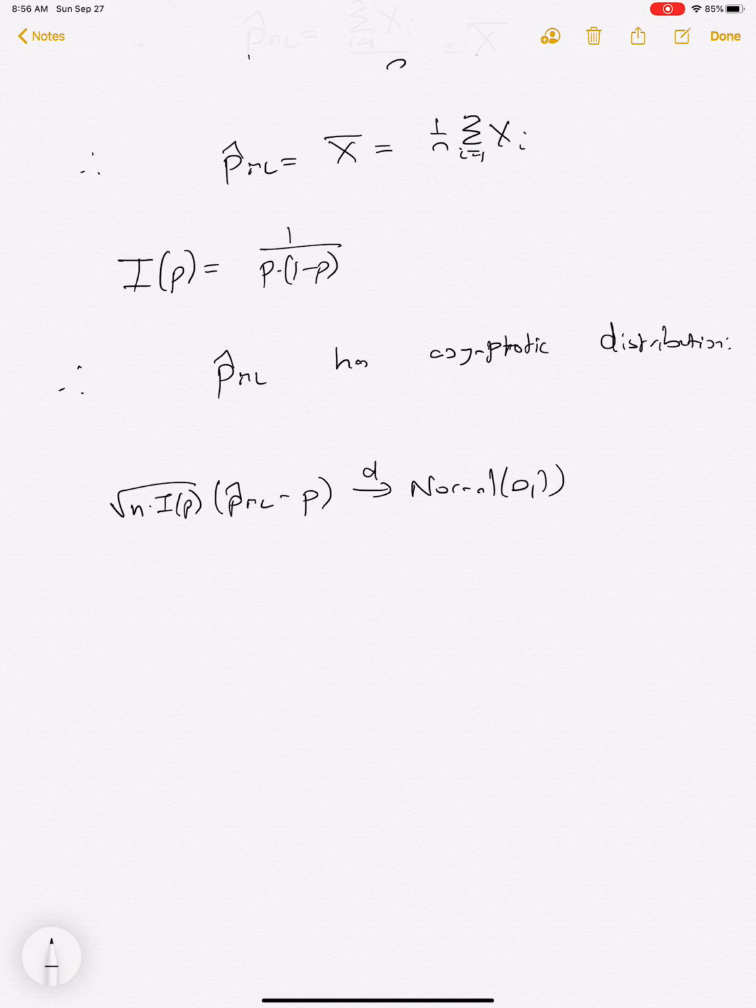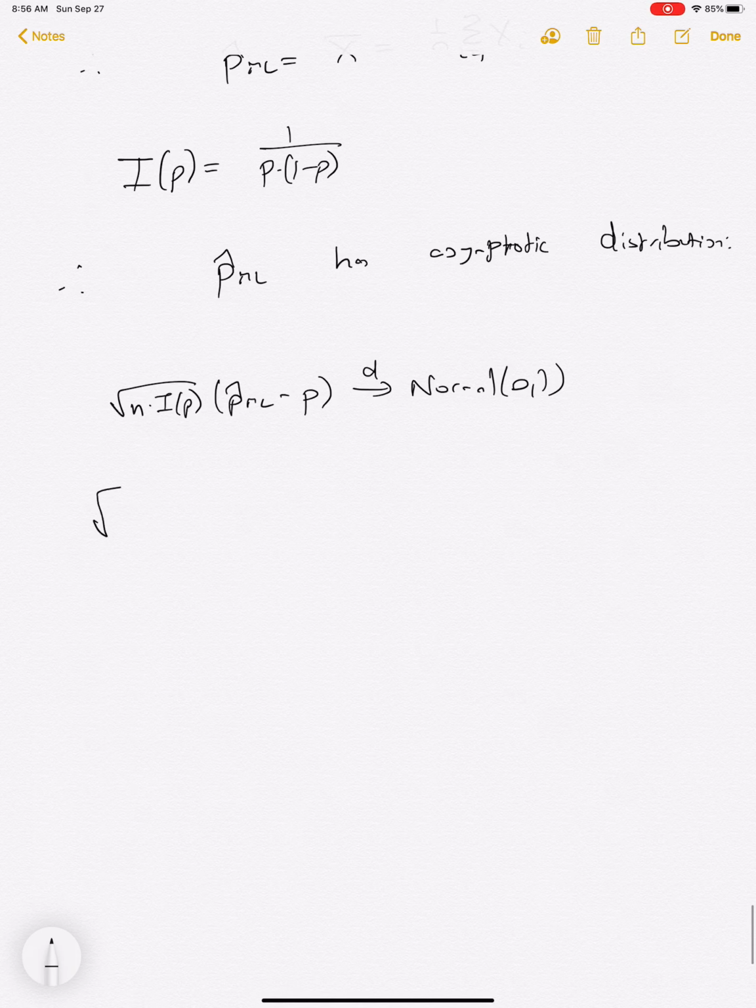So we can plug all of that in and we'll get square root of n over square root of p times (1 minus p), times (x bar minus p), converges to normal(0, 1).